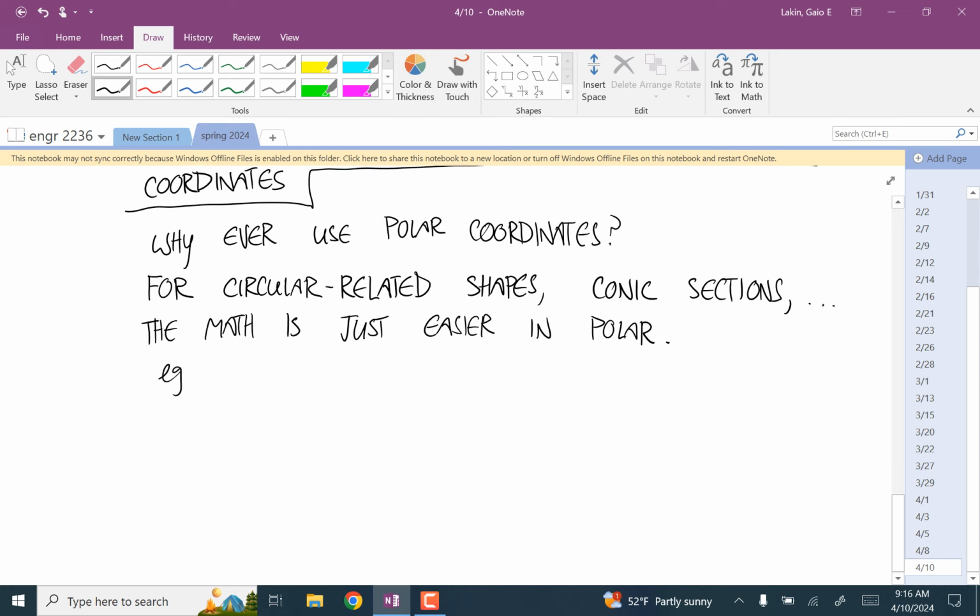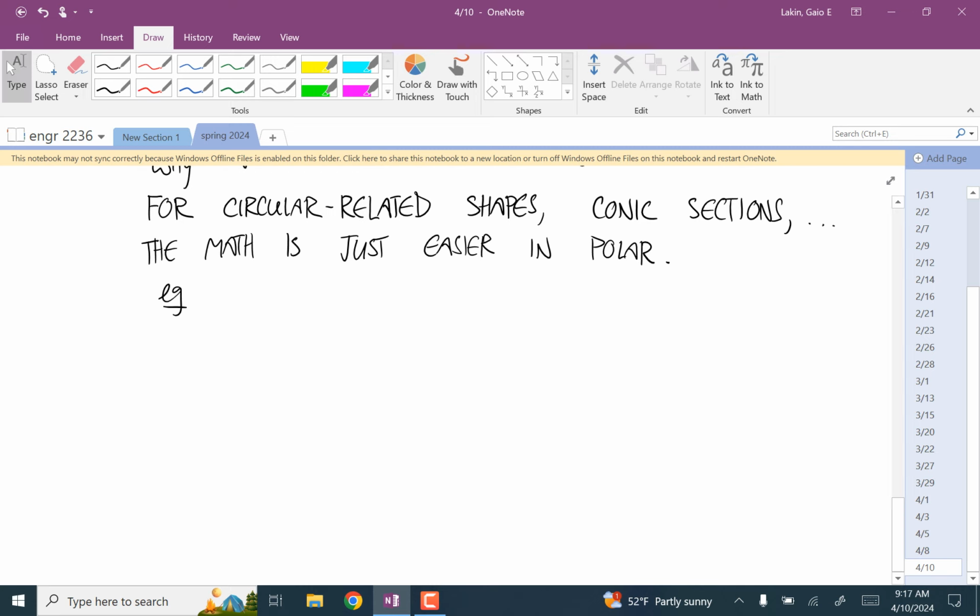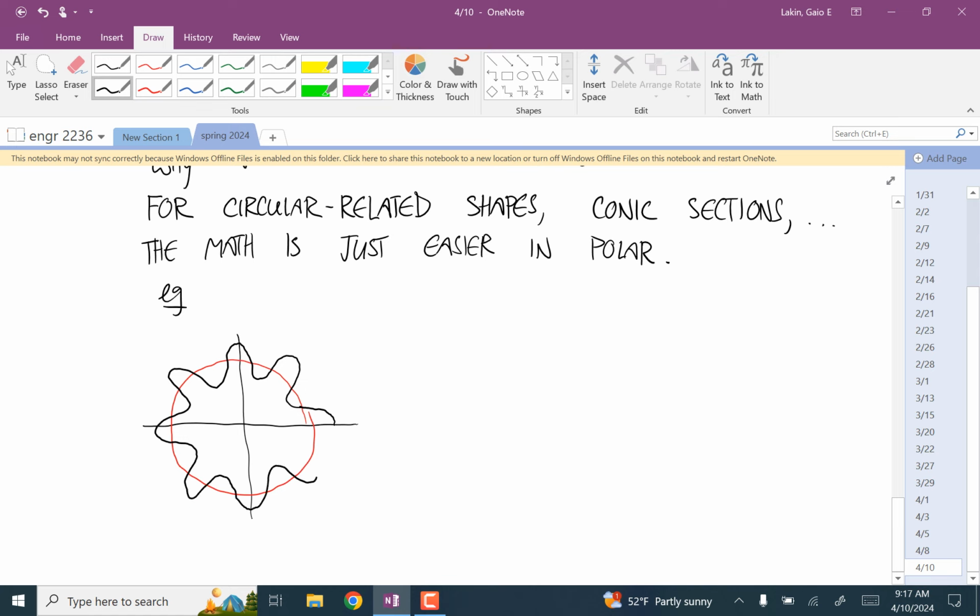For example, this shape. It's based on a circle, that's my guideline circle, and then a shape like that.